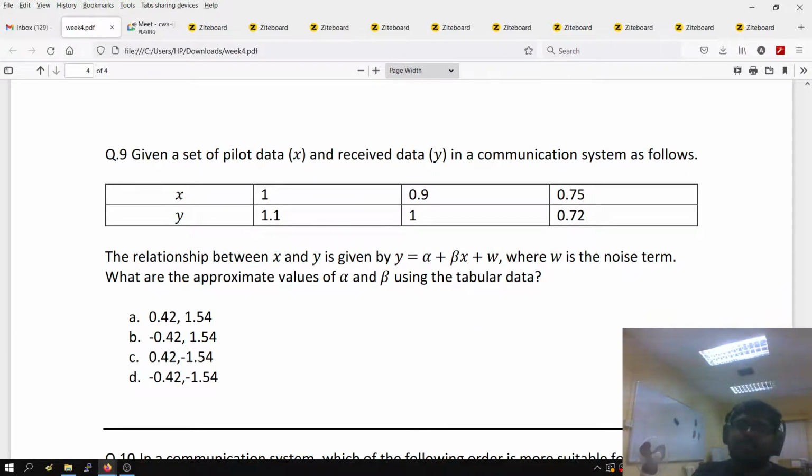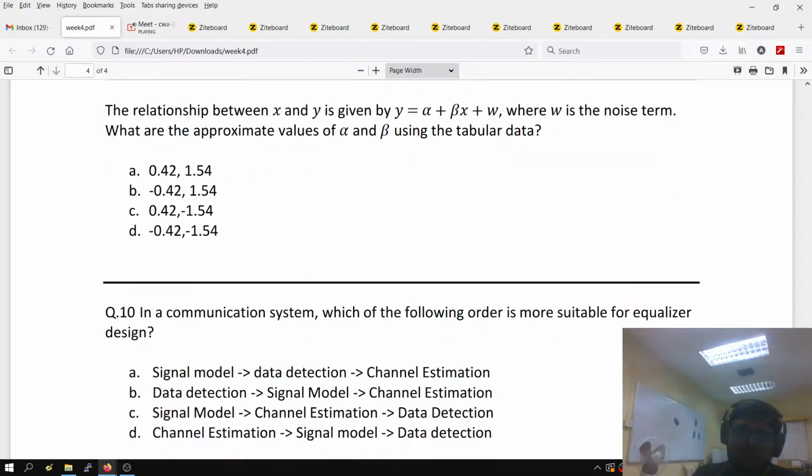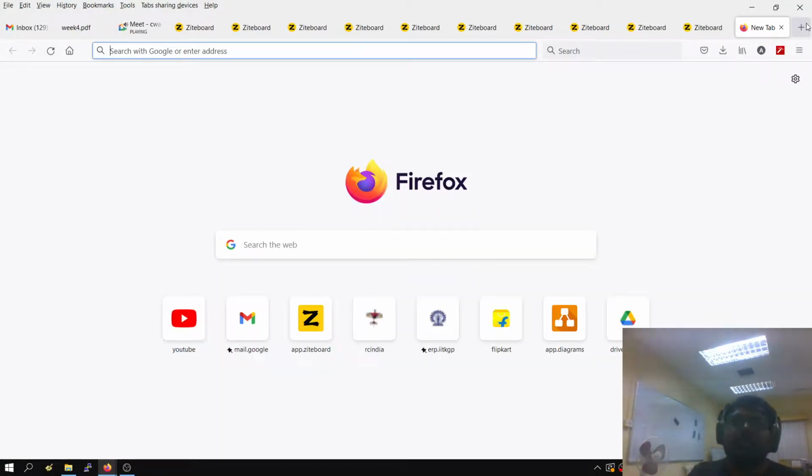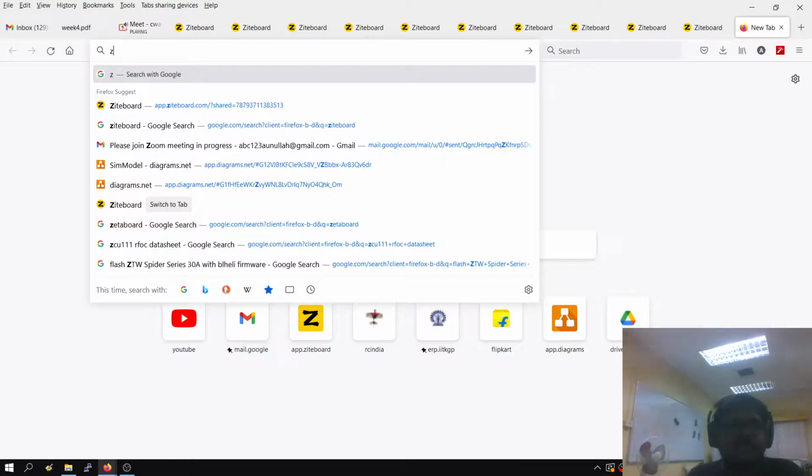So the last question here. In a communication system, which of the following orders is more suitable for equalizer design? Let me discuss the question here.